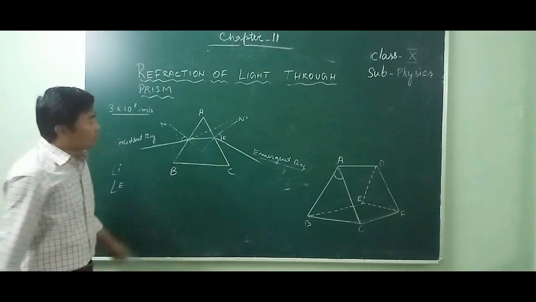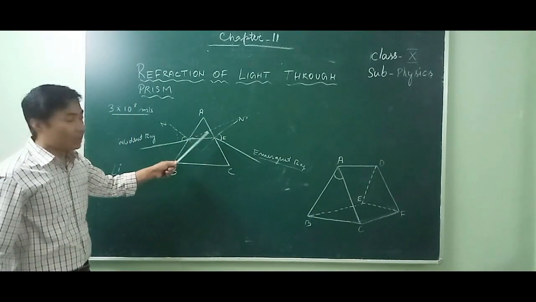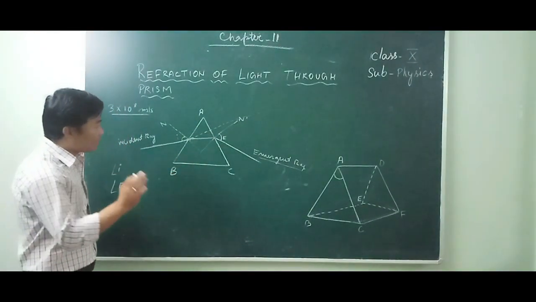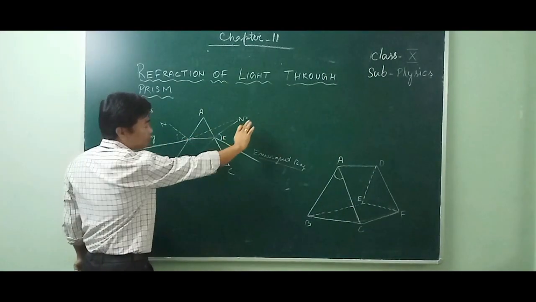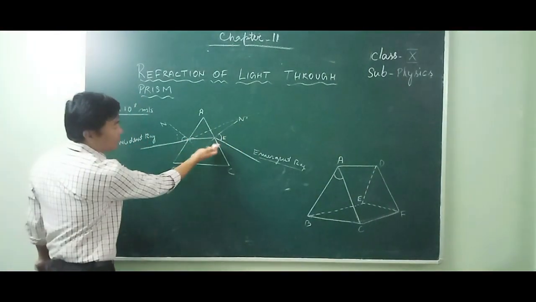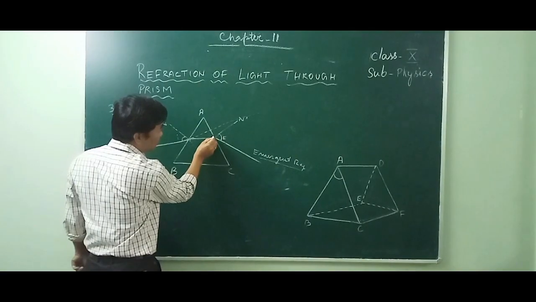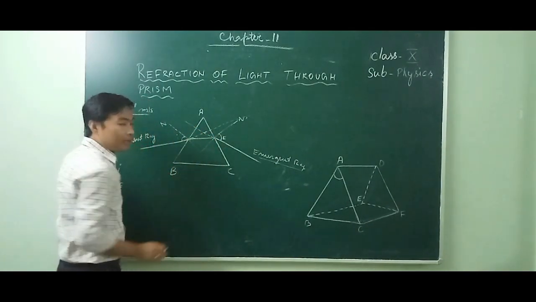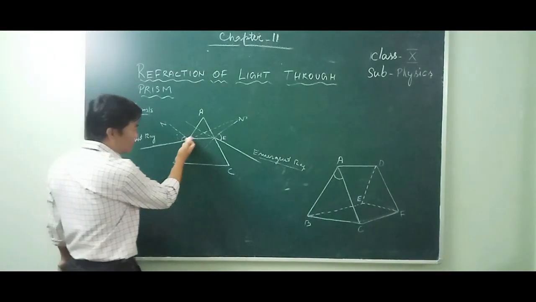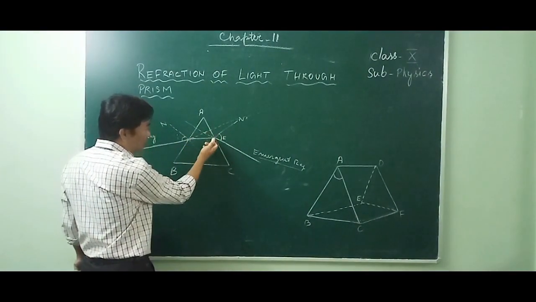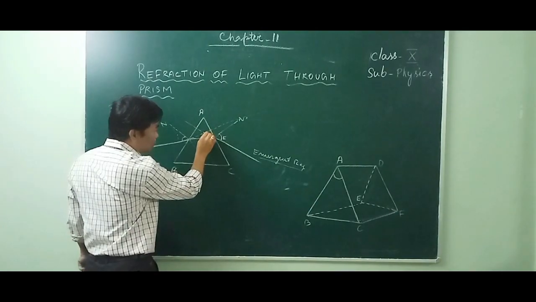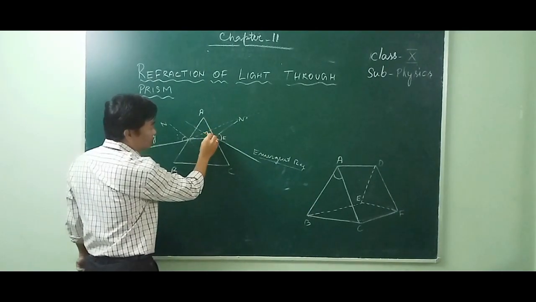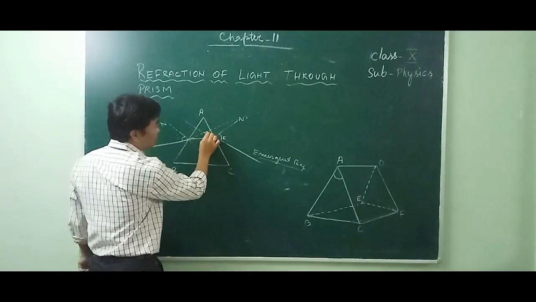This deviation of the path can be determined by extending the incident ray and the emergent ray. Now, if we extend this emergent ray, there is an angle formed between the incident ray and the emergent ray. This small angle is known as the angle of deviation.